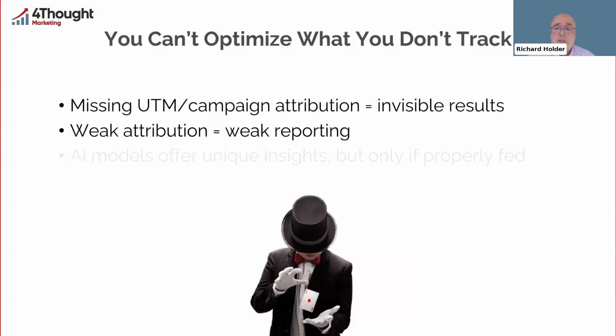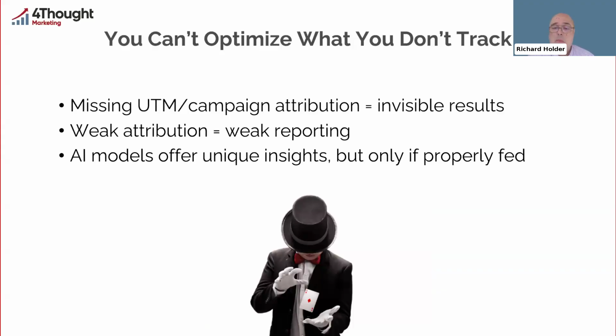You're running campaigns, people are clicking, but you can't trace it back. Why? Perhaps you're missing UTM parameters or campaign IDs. We often see form processing steps that don't assign a campaign or emails missing tracking links. There's a variety of issues that can happen here.